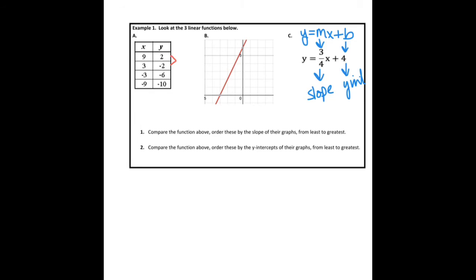So to go from a positive 2 to a negative 2, it looks like I subtract 4. Negative 2 to negative 6 is also minus 4. Negative 6 to negative 10 is minus 4. Let's look at the change in the x-axis. 9 to 3 is a minus 6.